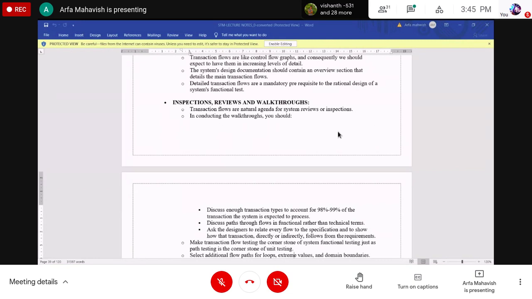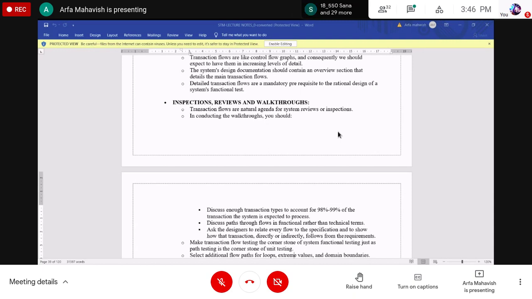In the walkthrough you should discuss the transaction types of accounts, from 98 to 99% of the transactions the system is expected to process.